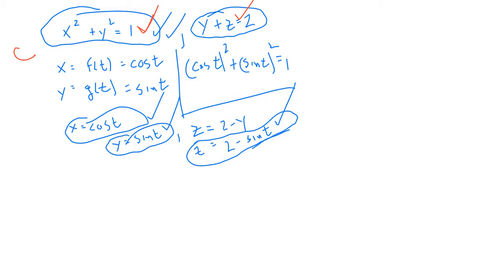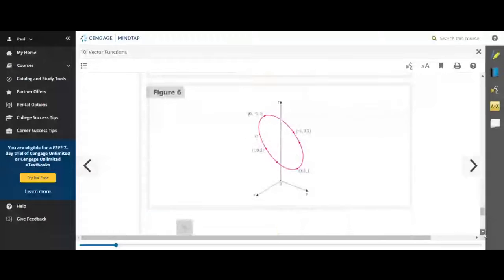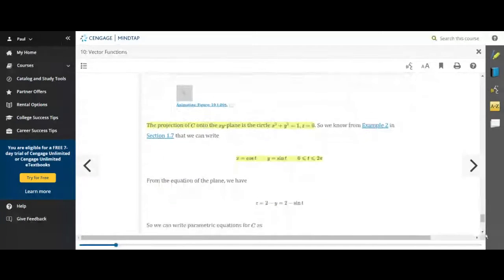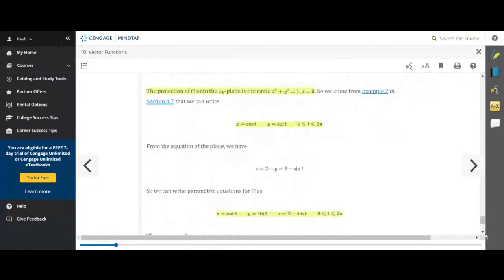Well, then if we go back here to the solution, the projection of that curve C onto the xy plane is x squared plus y squared equals 1, z equals 0. I want to just keep things simple. I think you're comfortable with what you're seeing here.